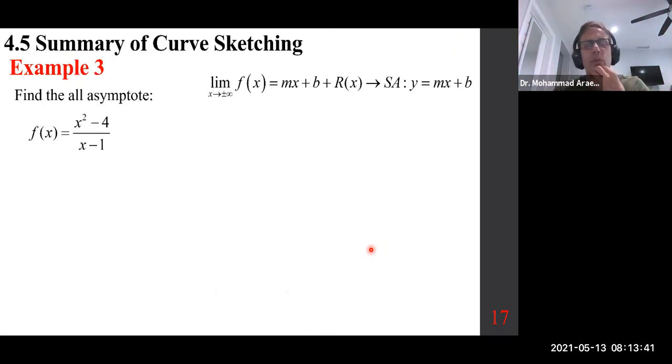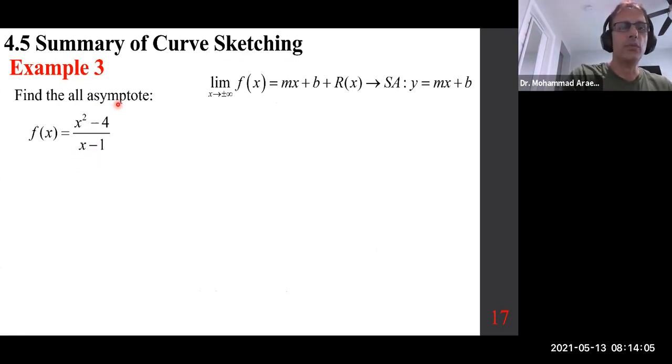Asymptotes. I hope you remember when we are dealing with rational functions, in order to find the various asymptotes: for the vertical asymptote, you set the denominator equal to 0. For the horizontal asymptote, you take a limit and let x go to infinity, or one easy way is to look at the degree of the numerator versus the degree of the denominator.